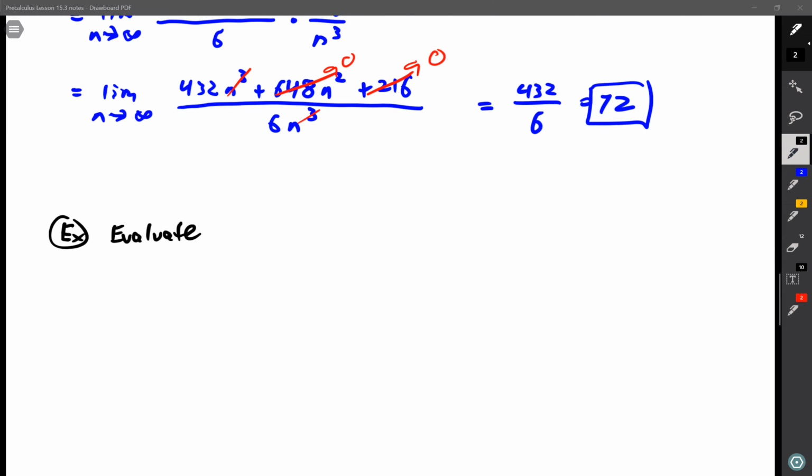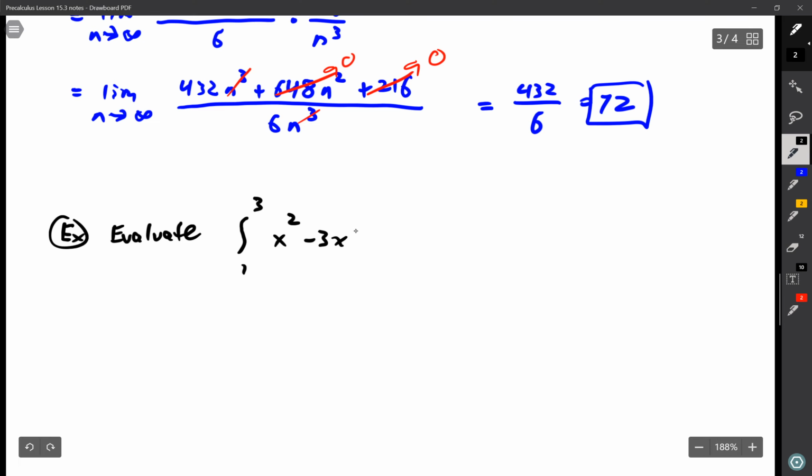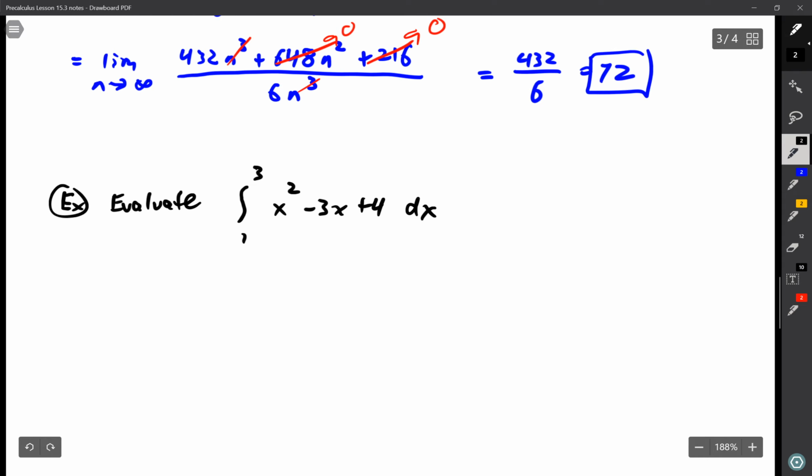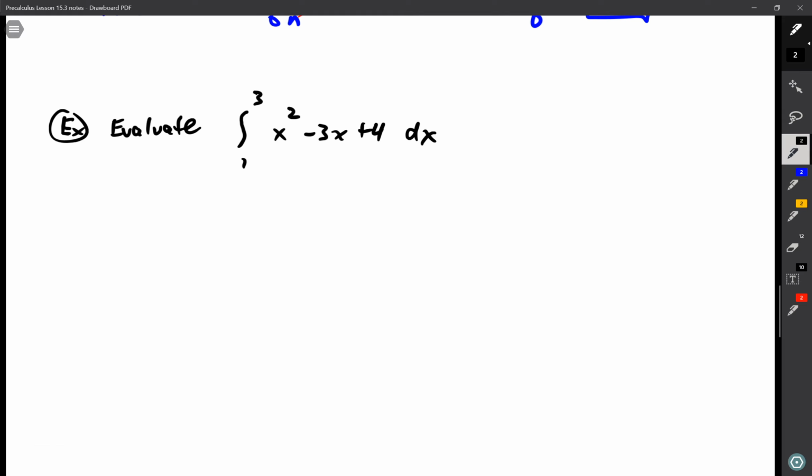It was the integral from 1 to 3 of x squared minus 3x plus 4 dx. All right, here we go.